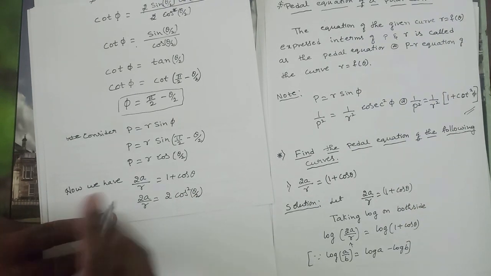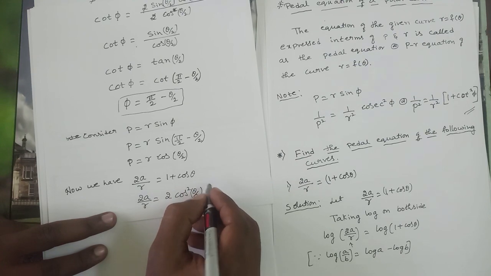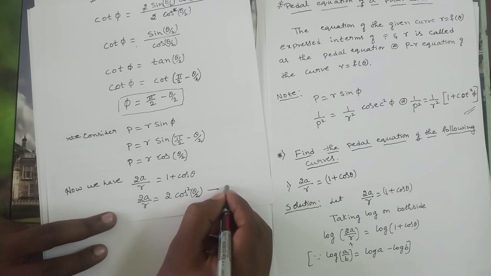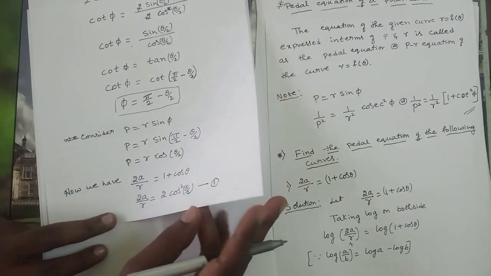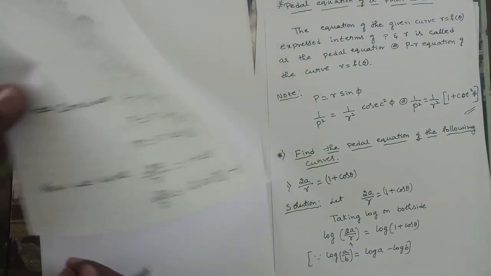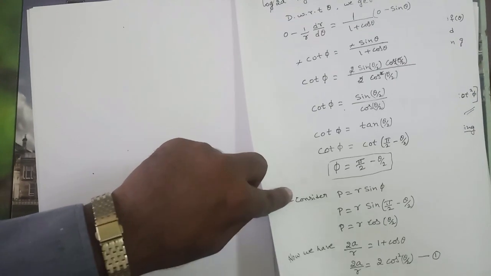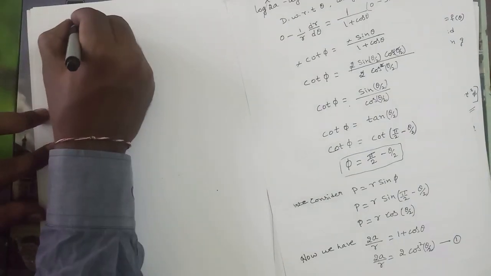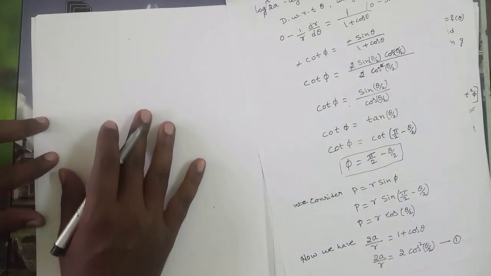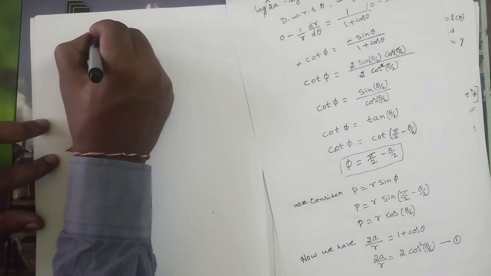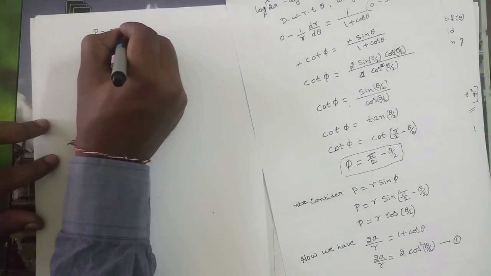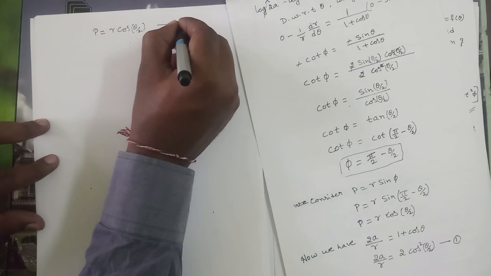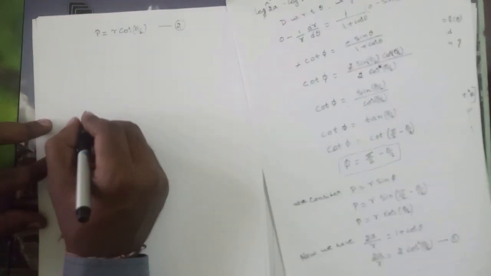I will call this one equation 1, and we know that P is equal to R cos theta by 2. So I call this one equation 2.